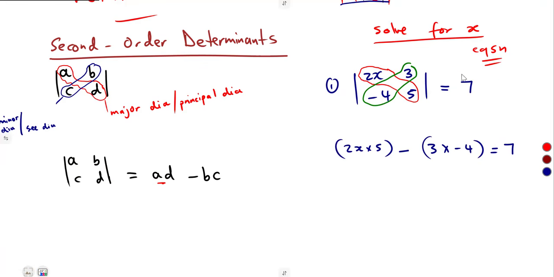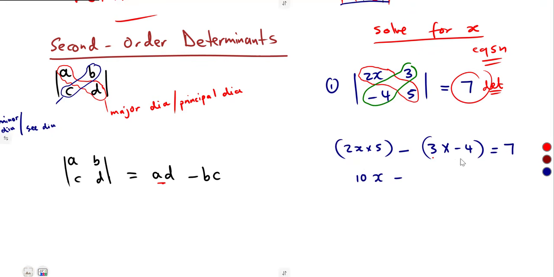I'm already given the answer to say this is our determinant. So as we calculated the determinant, and we have got our answer, which is 7, let us solve for x because we have formed an equation. Left-hand side is equal to what? Right-hand side. So 2x times 5 is going to give us what? 10x. All right, there's a negative.